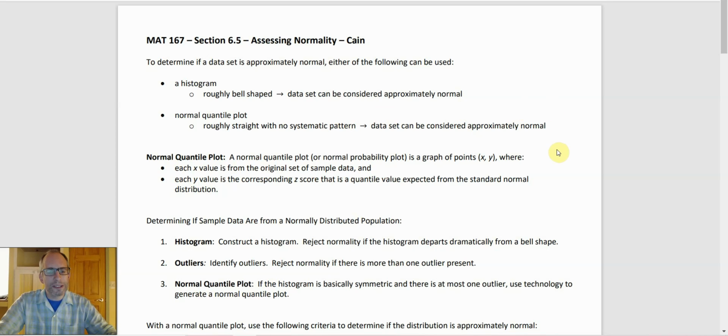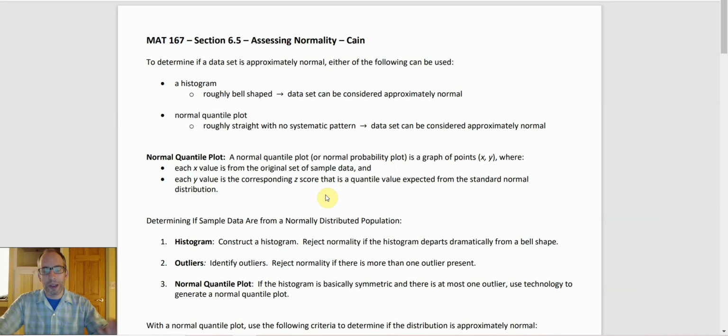So what is a normal quantile plot? Well, it's a set of points that are plotted, like with ordered pairs, the way you normally plot points, where one of the coordinates comes from the original sample data, typically the x value, and then the y value would be a z-score, a quantile expected from the standard normal.